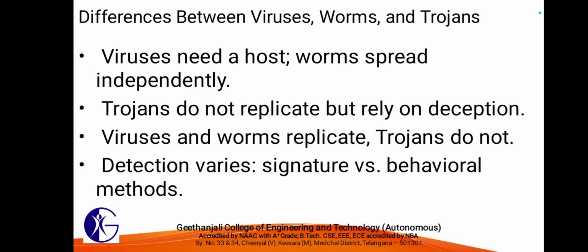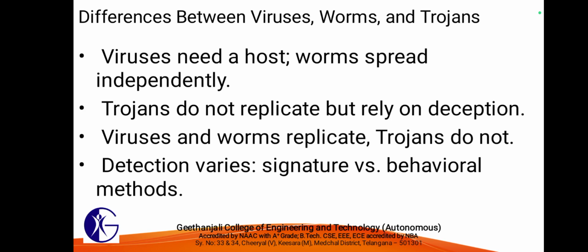Difference between viruses, worms, and Trojans. Although viruses, worms, and Trojans all fall under the category of malware, they differ in structure and behavior. To distinguish them clearly: viruses require a host file, worms spread independently, and Trojans rely on deception.